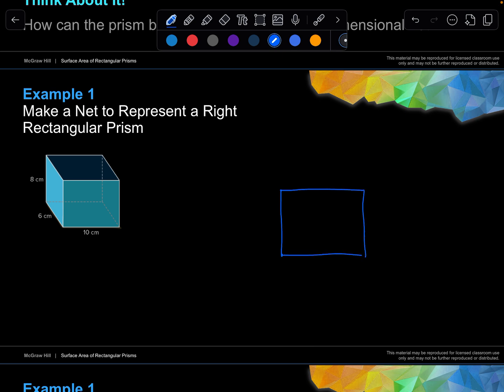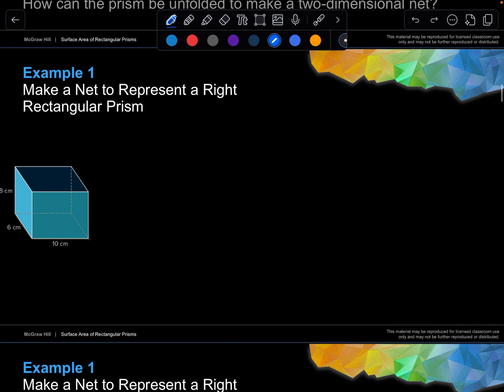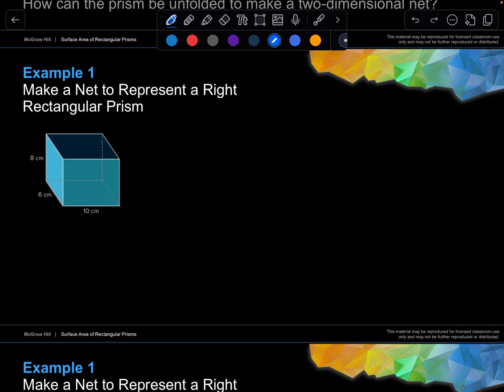My front face has dimensions, going back to this, what are the dimensions? The length, which is 10 centimeters, and the height, which is 8 centimeters. And then if I open up the flaps to the two sides, this edge is common.